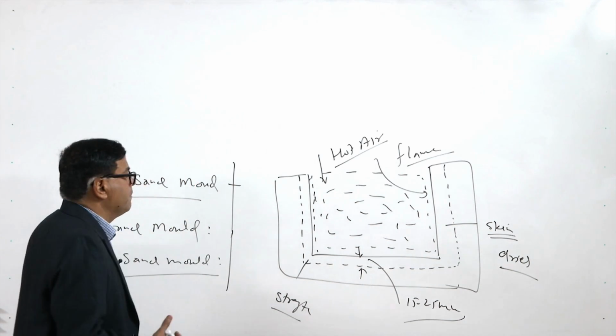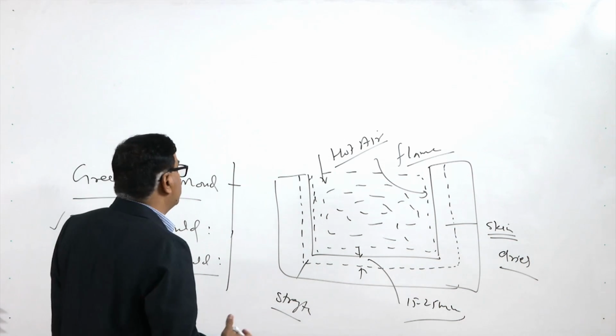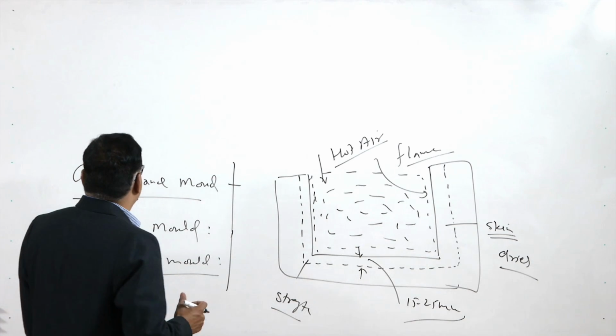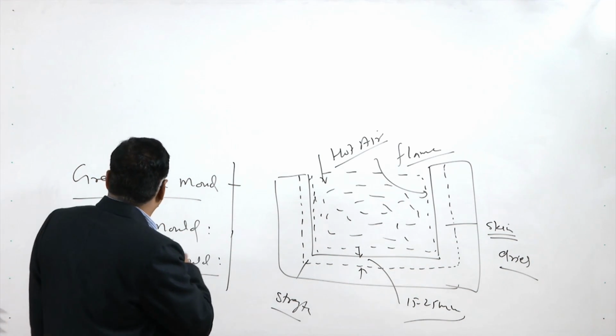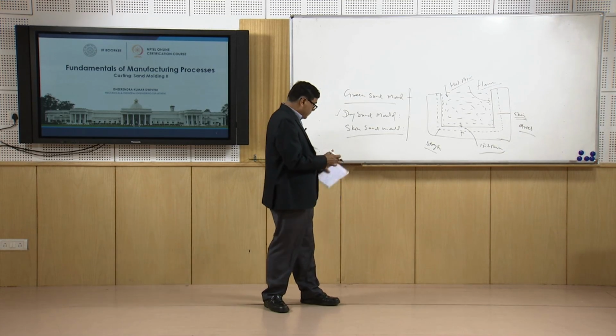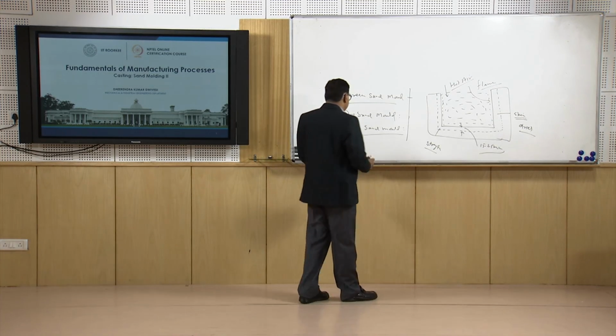So, this is a good compromise between the green sand mold and the dry sand mold, by having the skin dry sand mold. Basically, this is skin dry sand mold.